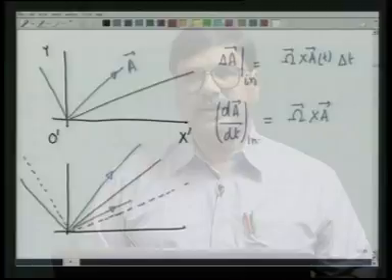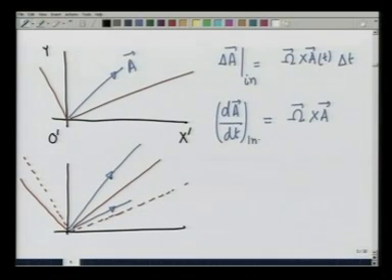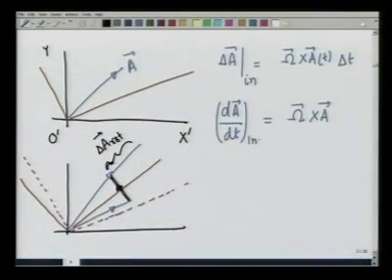So, there are two changes that have taken place in A. One, let me show by black color, is this change, which is because the vector A itself has rotated, and the other change which is purely a change in the rotating frame, which is delta A in the rotating frame. That is, if I were to look at it from the rotating frame itself, the only change I would see is this shown here, and the additional change comes because the vector is fixed in the rotating frame.